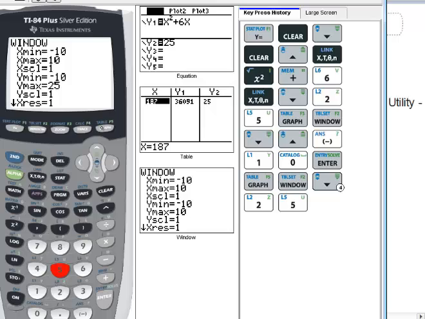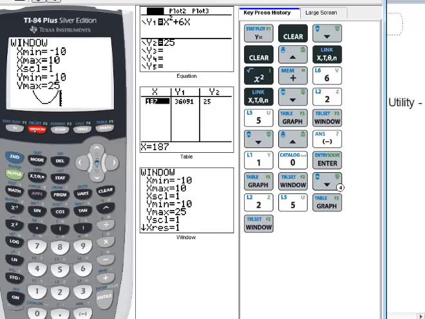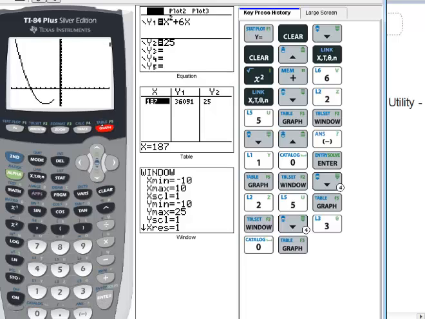I said I was going to make it 30, but I guess I was thinking about 25. So I'll put in 30, and I'll graph that again, and now we should be able to see it. There we go.